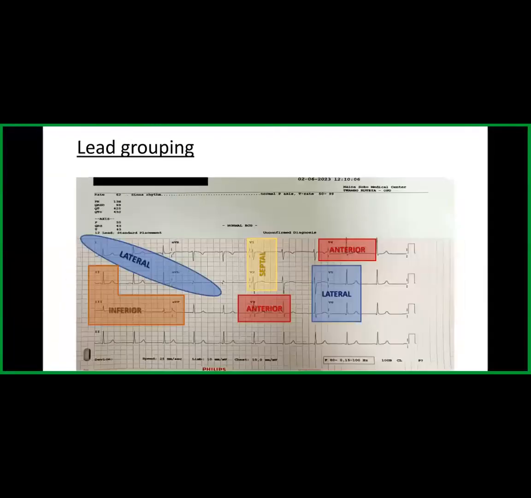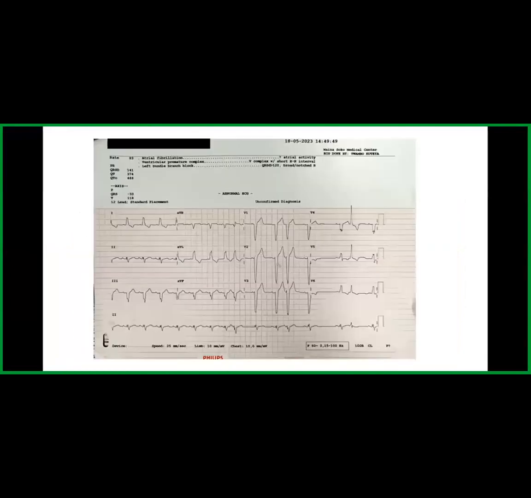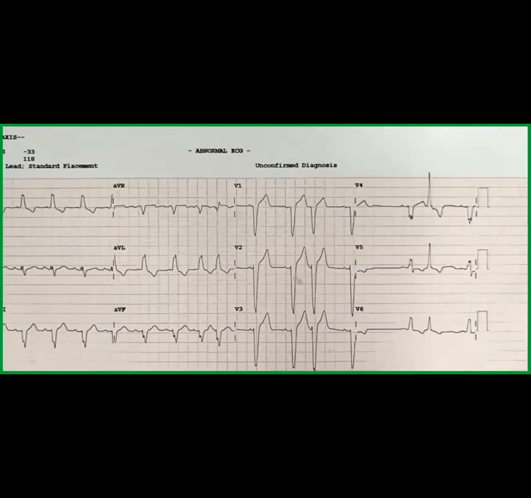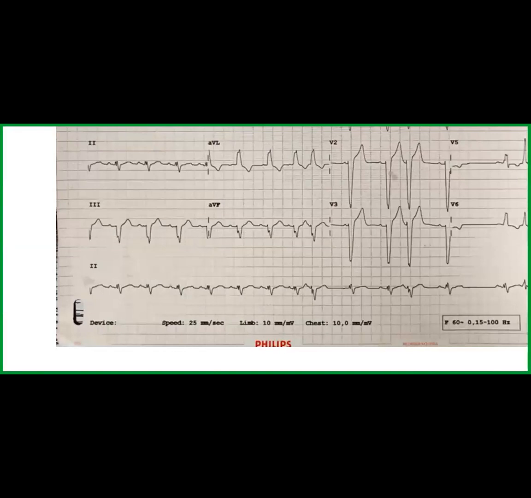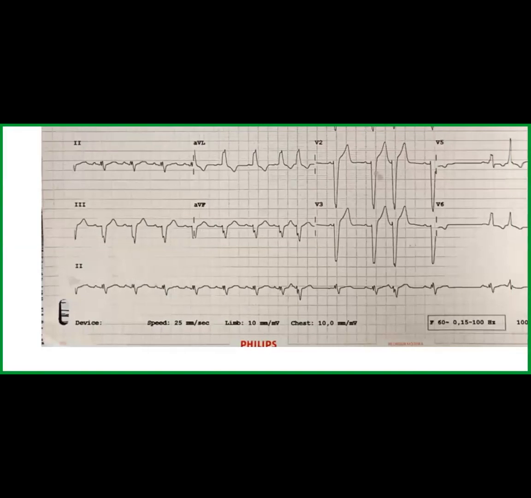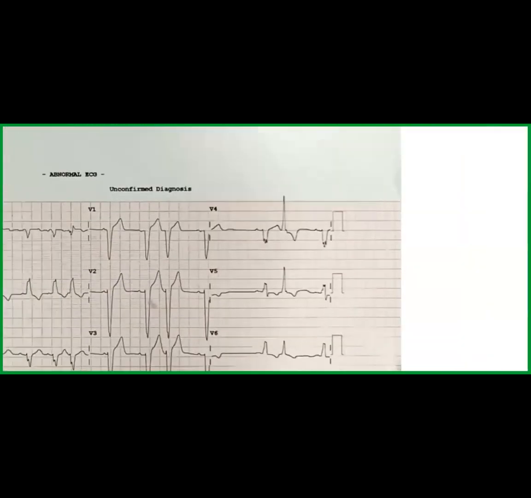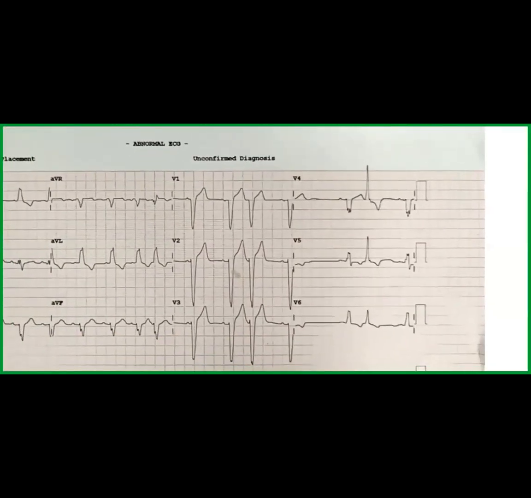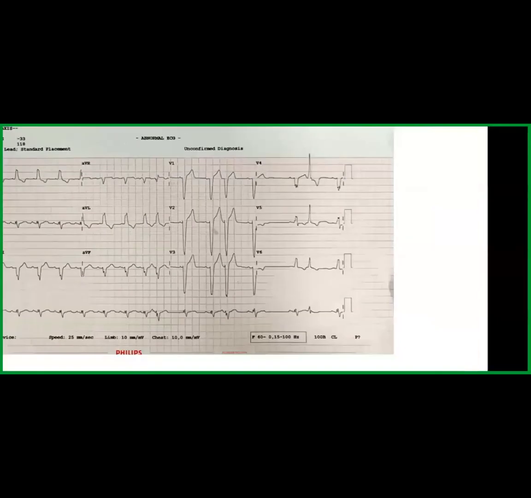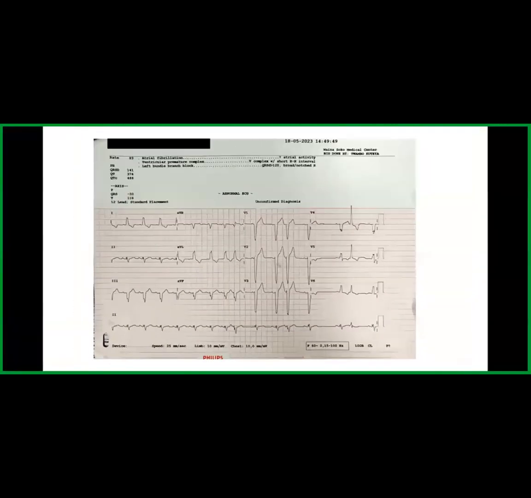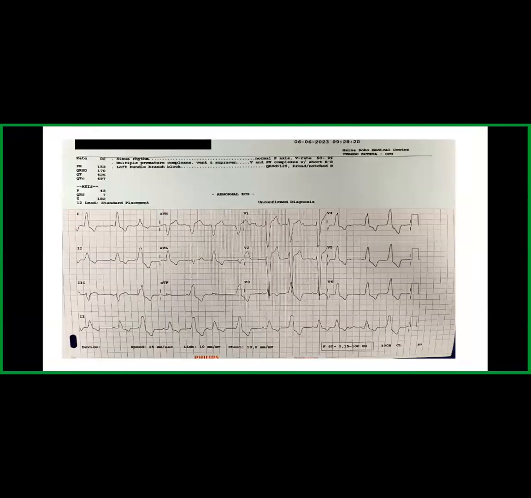Now let's look at our left bundle branch blocked ECG here. We're able to see that there's appropriate discordance. Where a QRS complex goes in one direction, the following wave will go in the other direction. Putting all of these criteria together will help us diagnose certain individuals with left bundle branch blocks, basically.